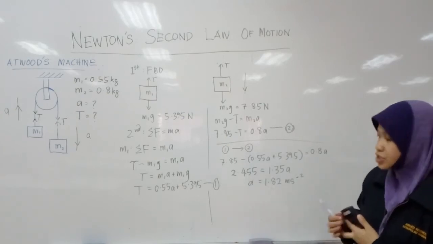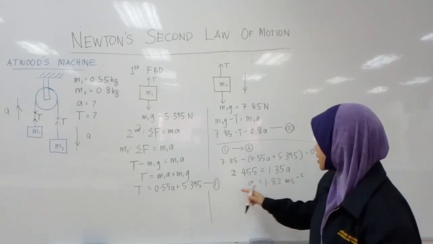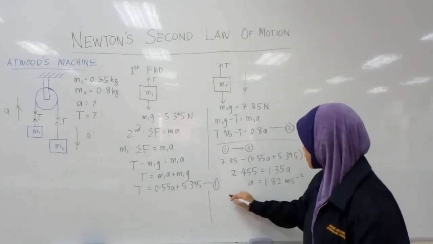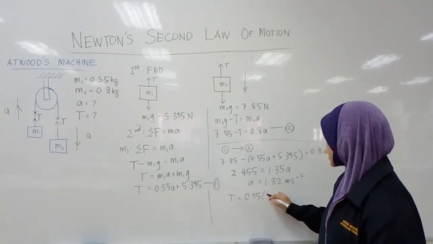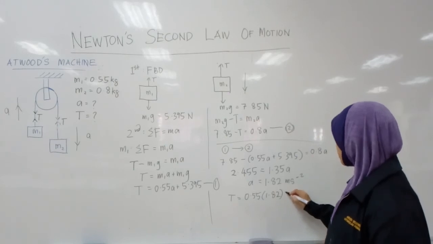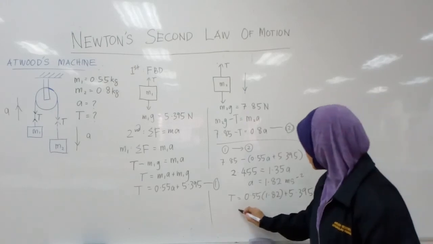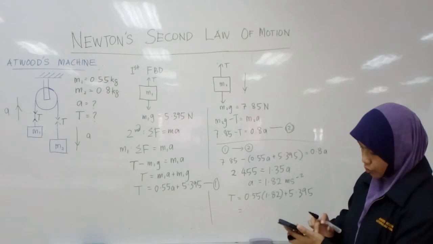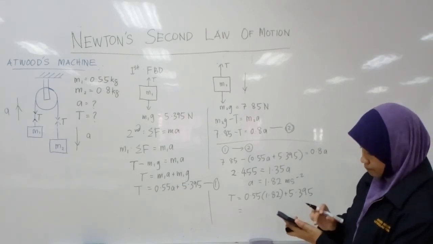And then to find the tension, we have to substitute the value of A into the first equation. So T will be 0.55 times the acceleration, 1.82, plus 5.395.